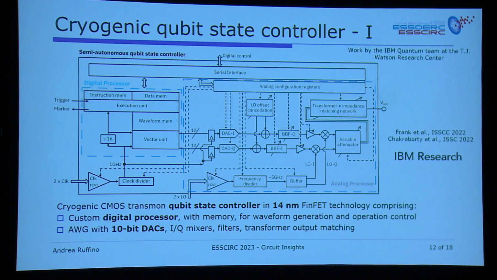So this is a transmon qubit state controller designed in 14 nanometer technology that comprises a heavy digital part with custom digital processors with waveform memory and instruction memory for waveform generation and storage and operation control, which then connects to 10-bit DACs with IQ mixers, baseband filters, and a transformer output matching to then generate the required modulated RF waveforms at the output.